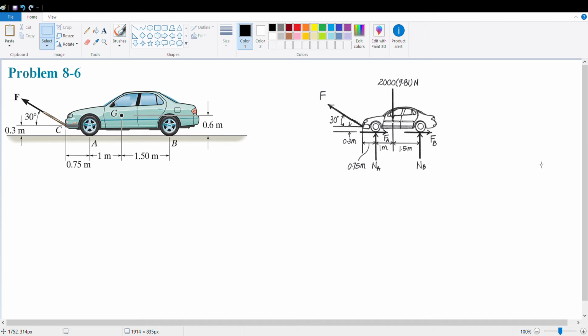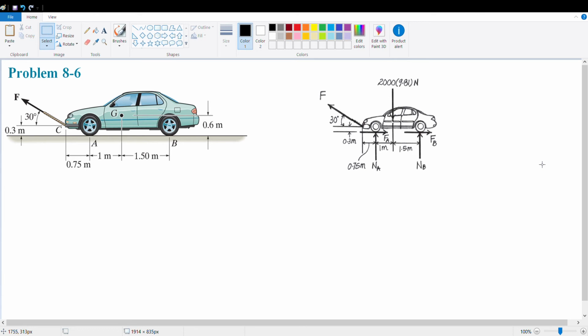Being a two-dimensional problem, we have 3 equations: the sum of forces on X and Y being equal to 0, and the sum of moments being equal to 0. But additionally, we have 2 more equations, the equations of static friction, because we need to determine the limit force in order to start moving the car.